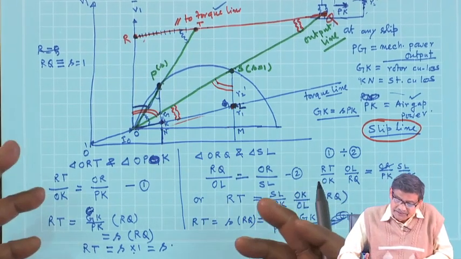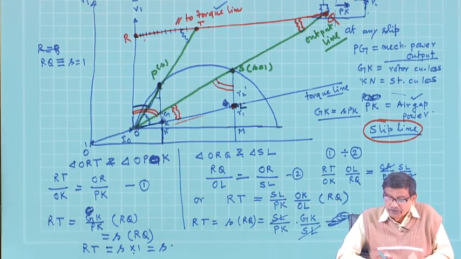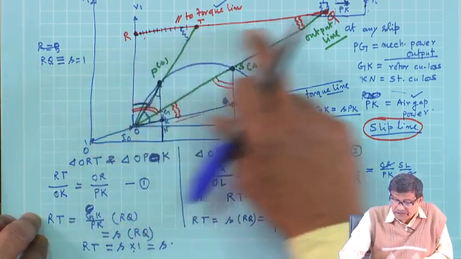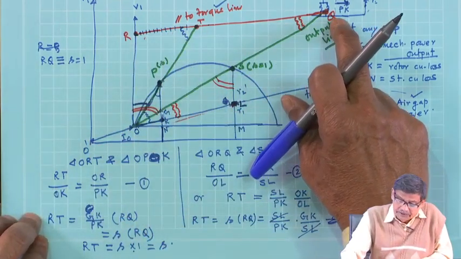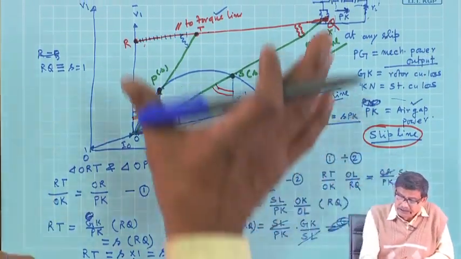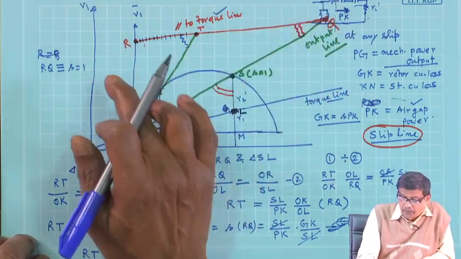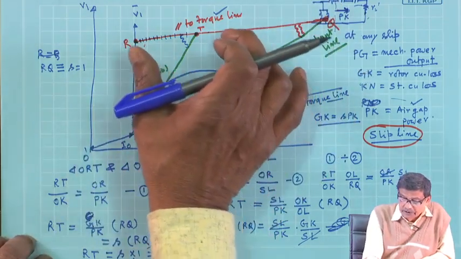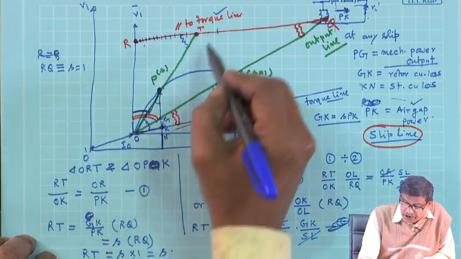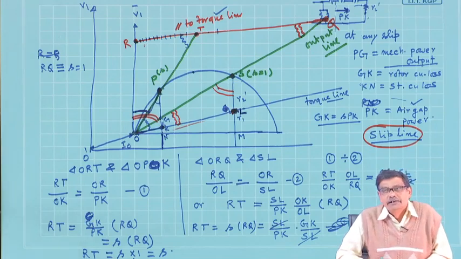Or say, if somebody gives me a problem that at slip 0.04 I want to find out the performance, I have this slip line drawn and divided. This much centimeter represents slip 1, then 0.04 is represented by which centimeter; I will cut that length and join this point with this point, and the point of intersection will be the operating point.